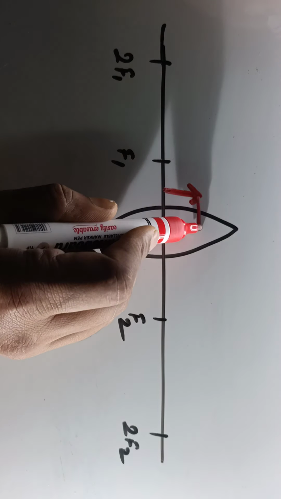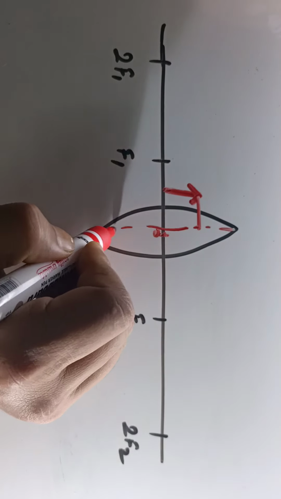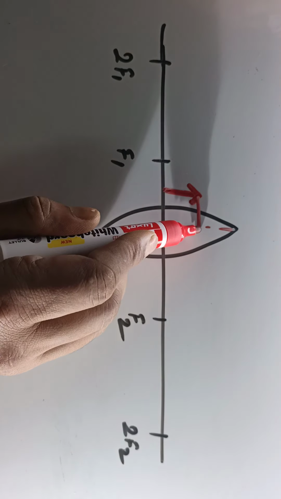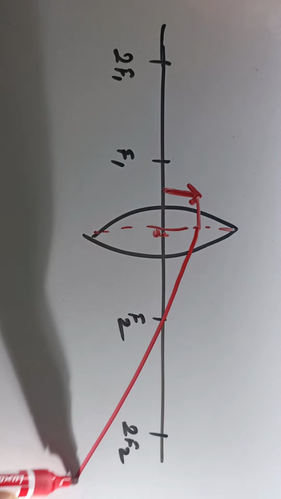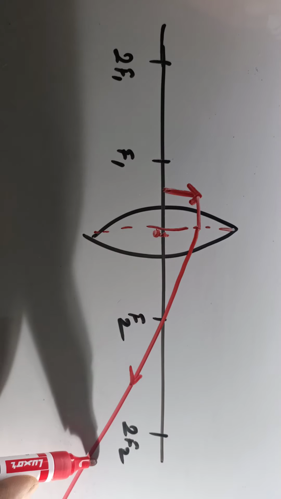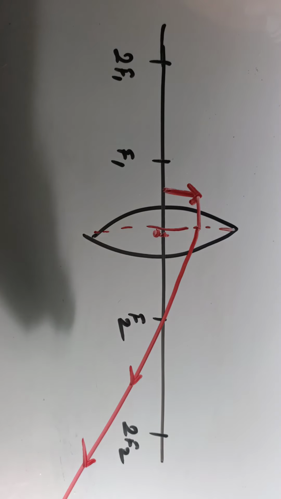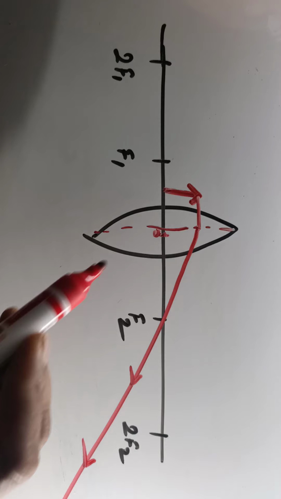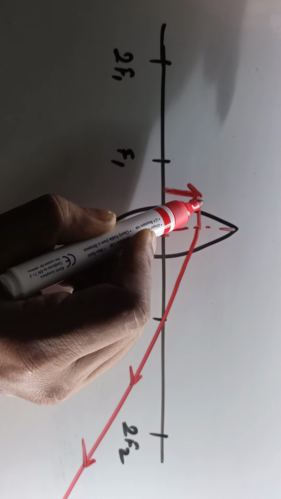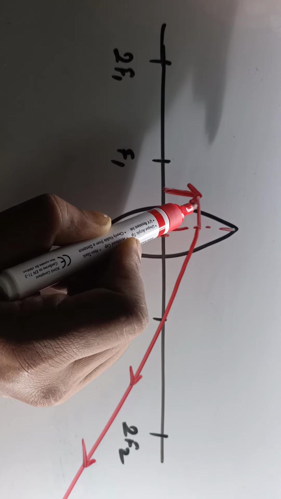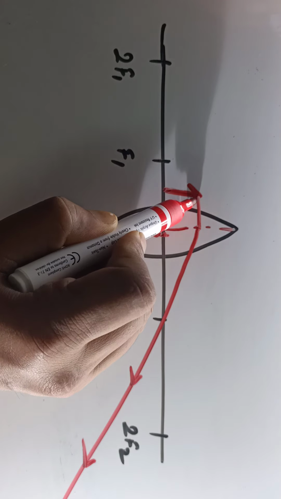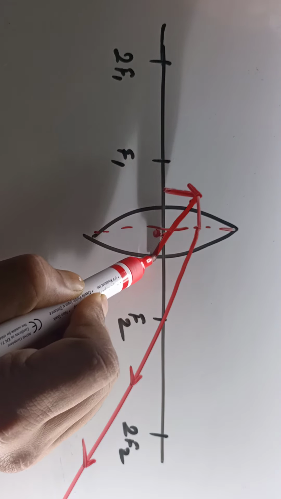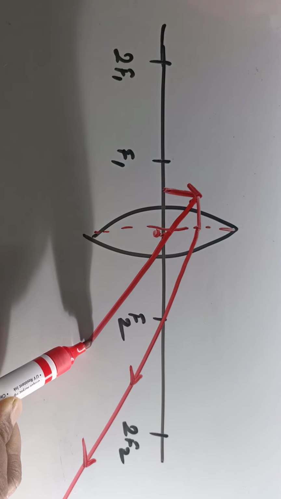A ray of light travels parallel, and after refraction passes through the focus. This is not an issue. Now there will be a second ray of light which will pass through the optical center.